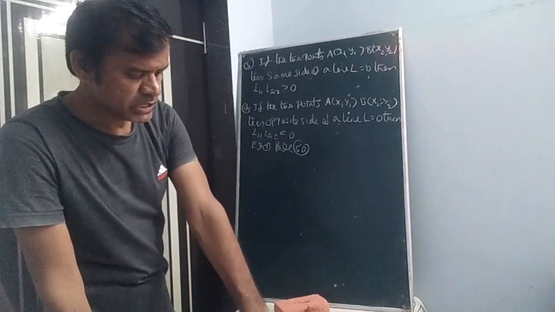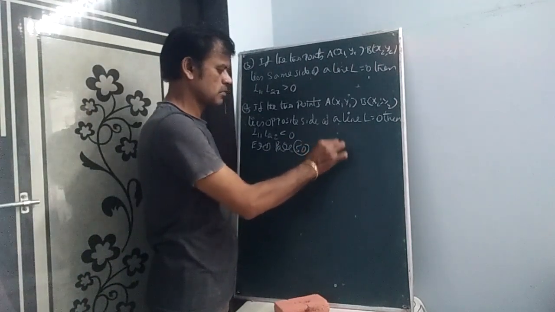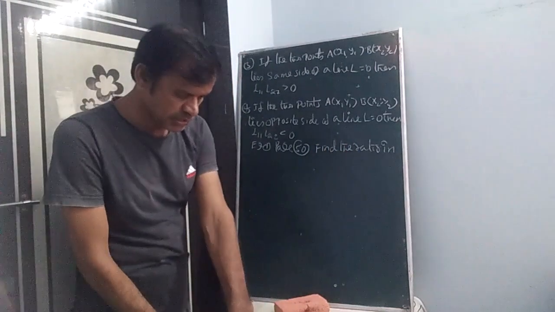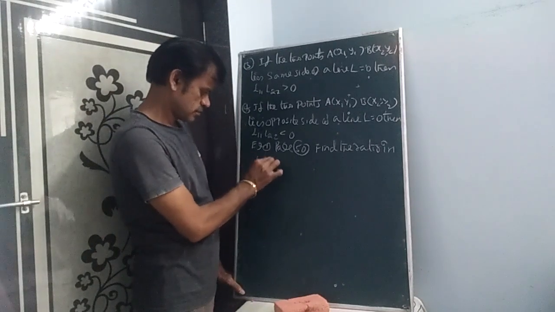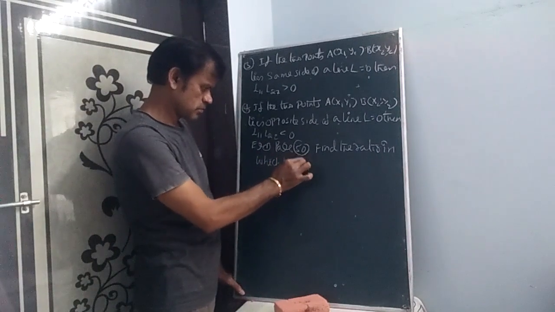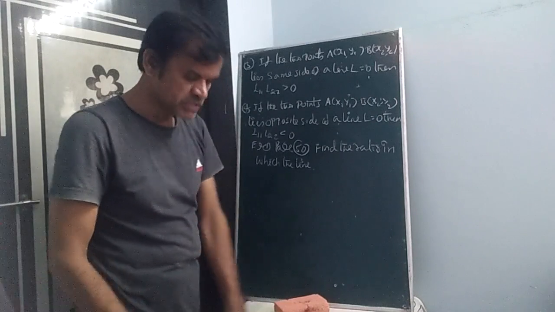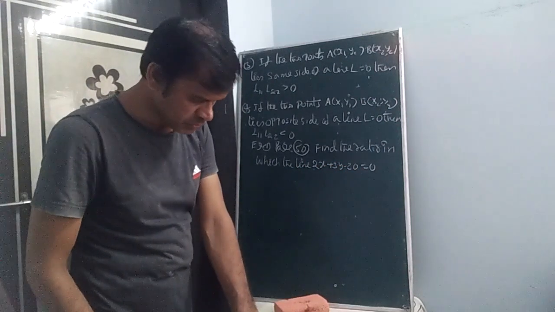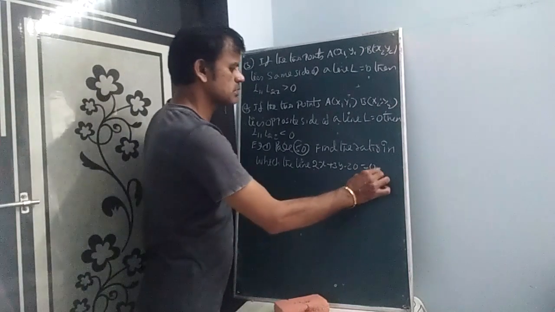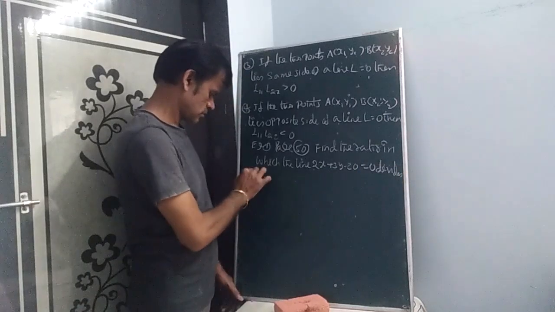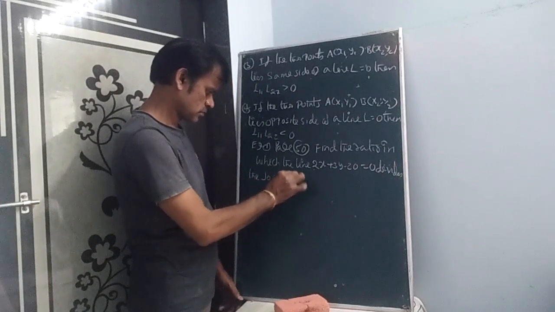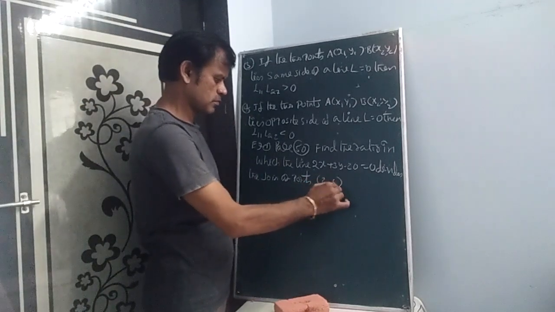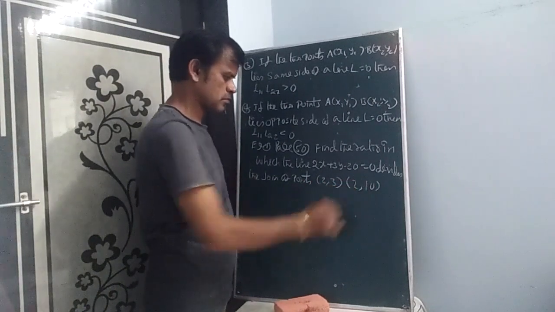Find the ratio in which the line 2x plus 3y minus 20 equal to 0 divides the join of points 2, 3 and 2, 10.